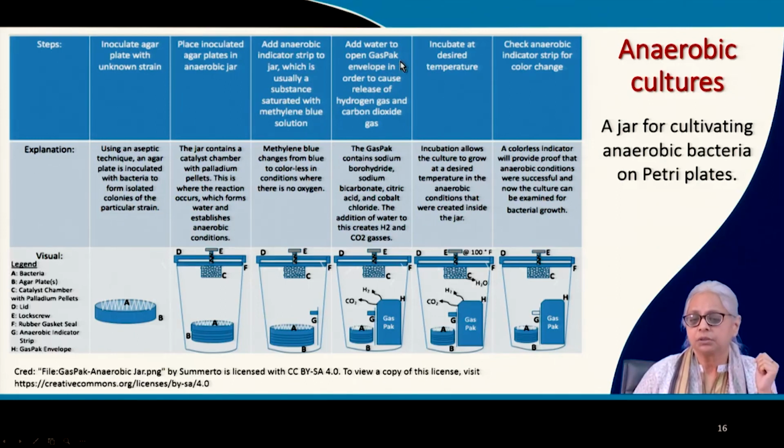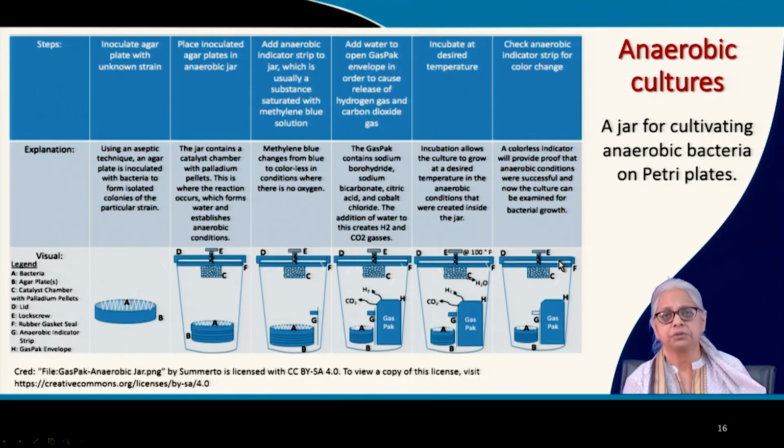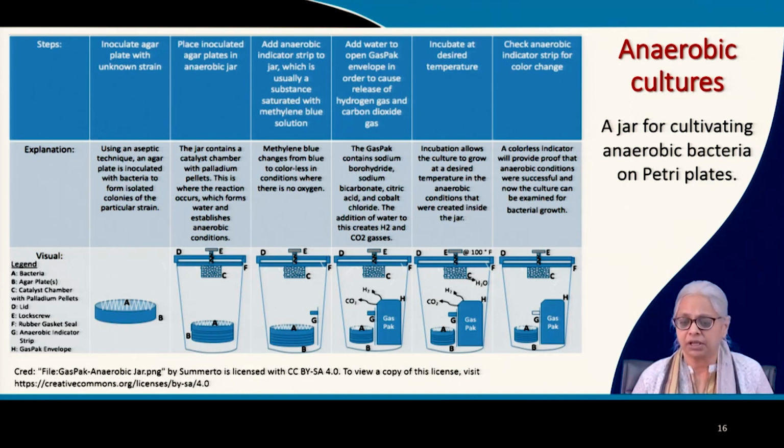You add water to open the gas pack that is part of this package, and it will cause the release of hydrogen gas and carbon dioxide, and that has to replace the original air that may be inside the anaerobic jar. You can then incubate it at a particular temperature and check the indicator strip for any color change.